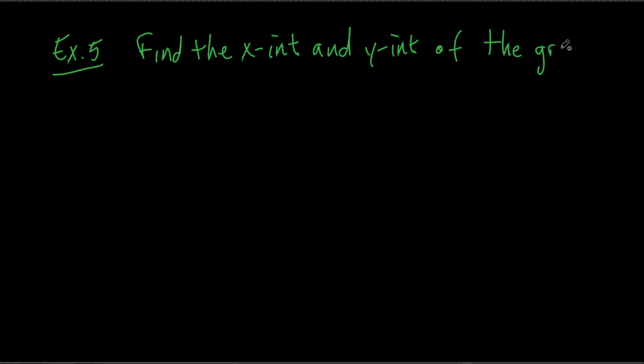Now, they say graph, but they're going to give you an equation. Remember, we talked about this the other day. An equation can be turned into a graph, right? So they're going to give you an equation, and we're going to graph it. And we're going to show you that finding the x-intercept and the y-intercept actually helps you a little bit on graphing these equations.